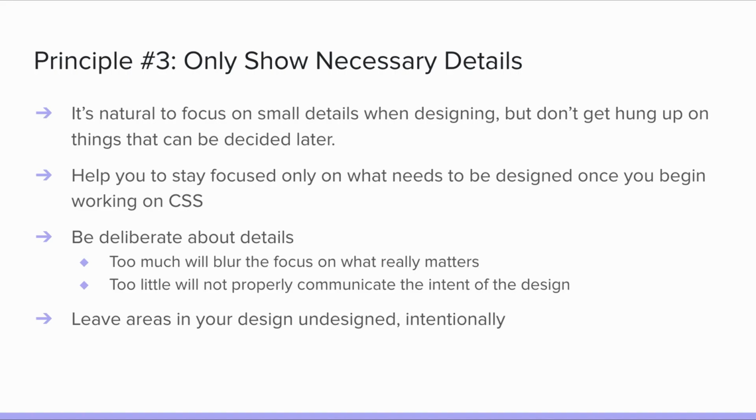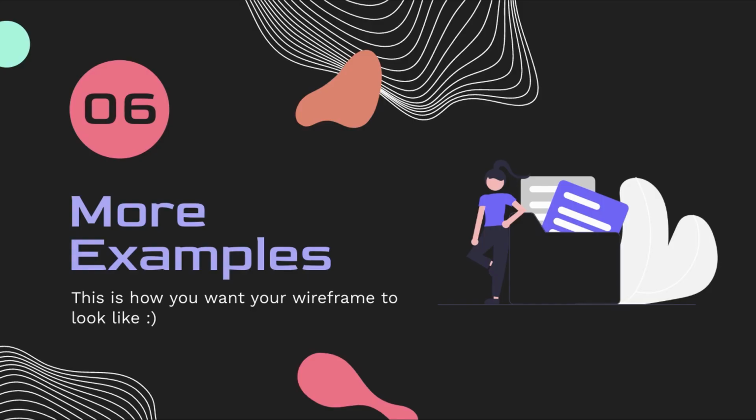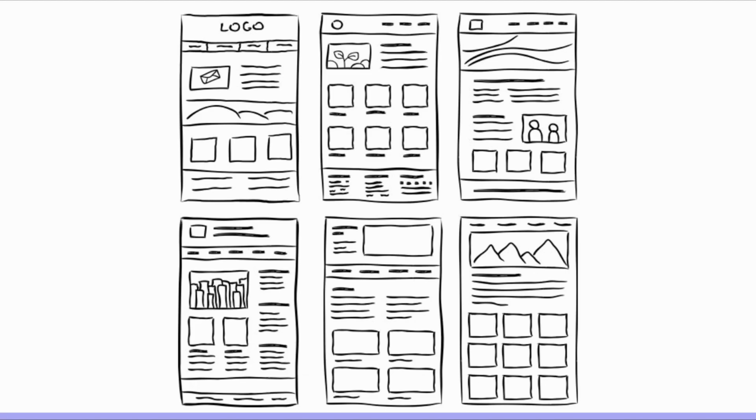So lastly, we're going to show you some more examples of how you want to make your wireframe look. So this is a hand-drawn wireframe that a designer may choose to do. It's very simple.